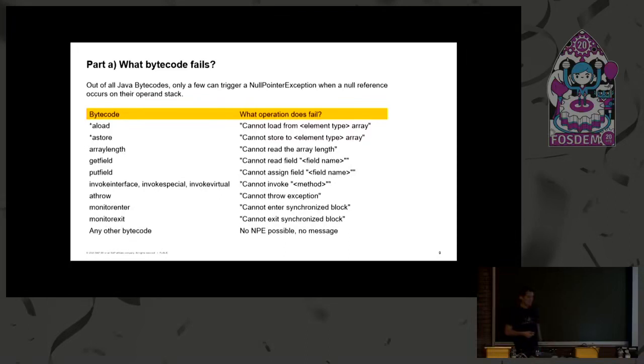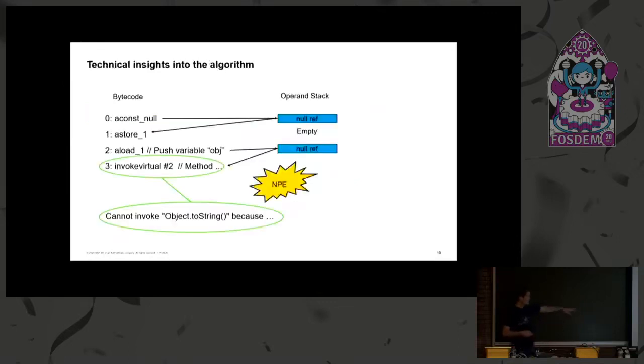Ideally, we also have the field name from the constant pool here. Those invoke instructions, like we saw here, the message would be cannot invoke a method. Throwing exceptions and entering and exiting monitors also need objects. So that's a simple switch statement on this bytecode, like here the invokevirtual, and we come to part A of the message.